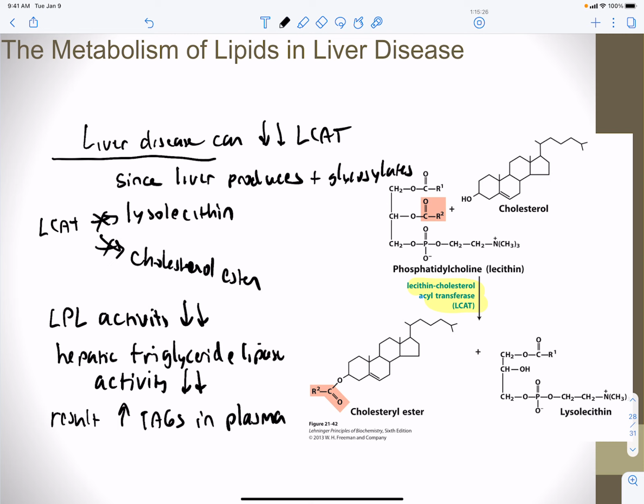You're also going to have impaired VLDL production. And so that is going to also impact, of course, the movement of cholesterol and lipids throughout the body.